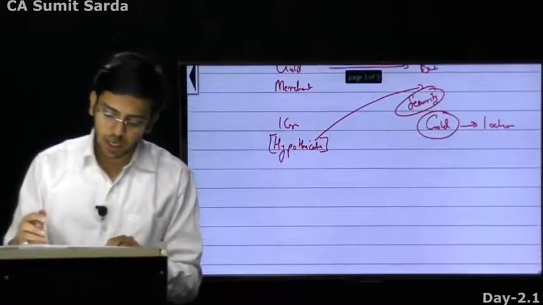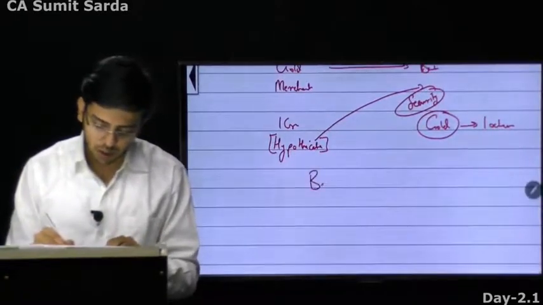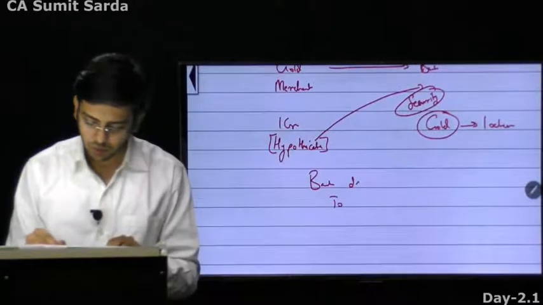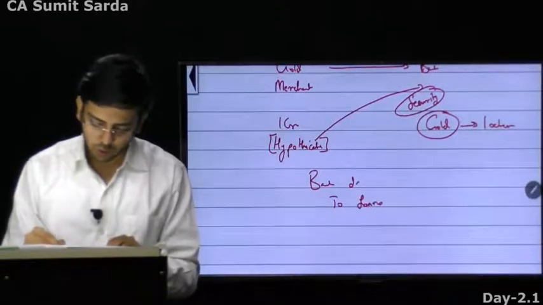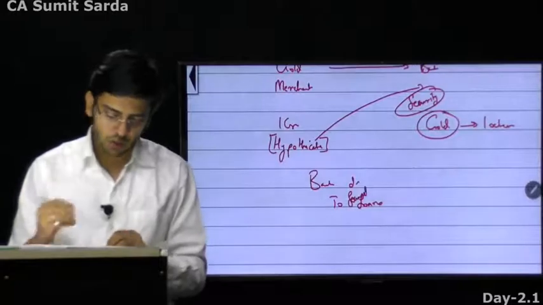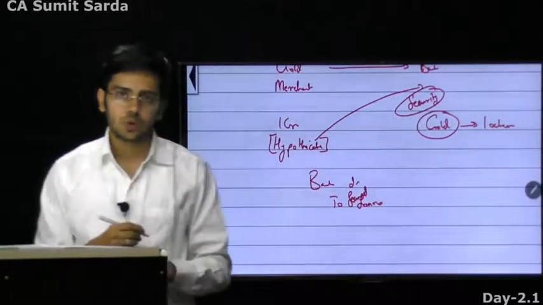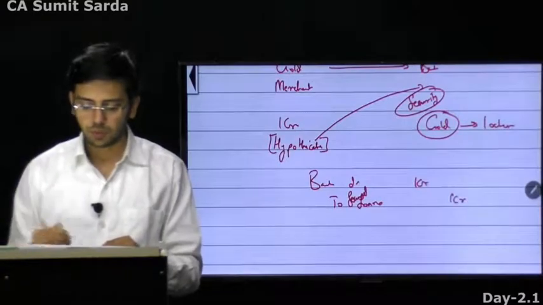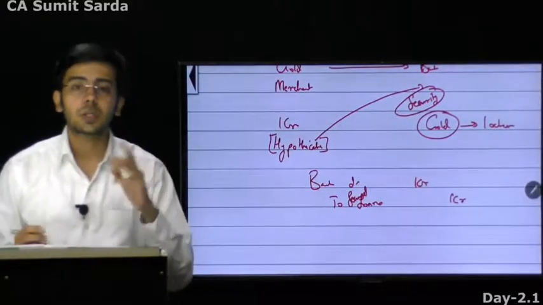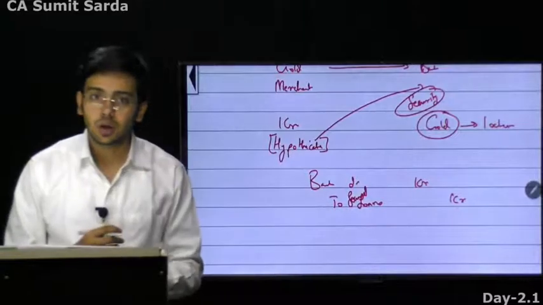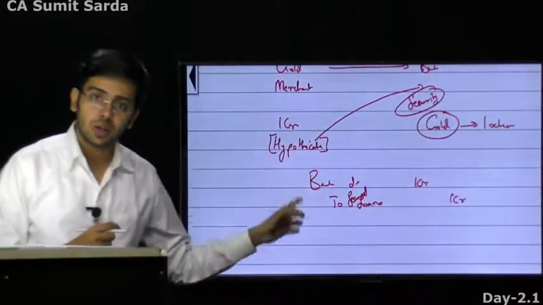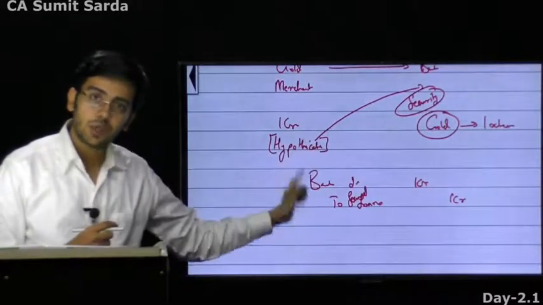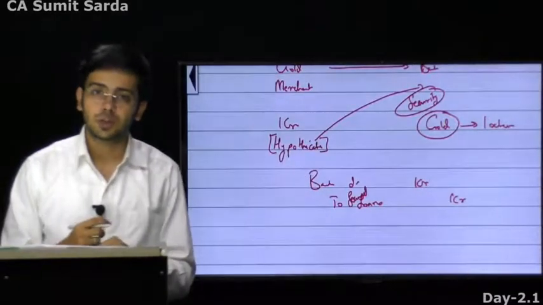The entry that I passed for the complete transaction is bank account debit to loans, and I should call this secured loans. Bank account debit to secured loans, correct? So whatever amount, 1 crore rupees. But the inventory that I have given them as security has not been accounted for in the books of the merchant.